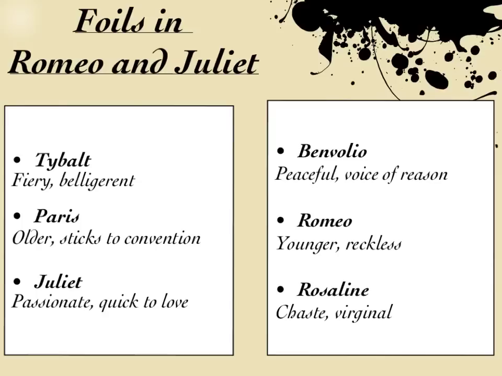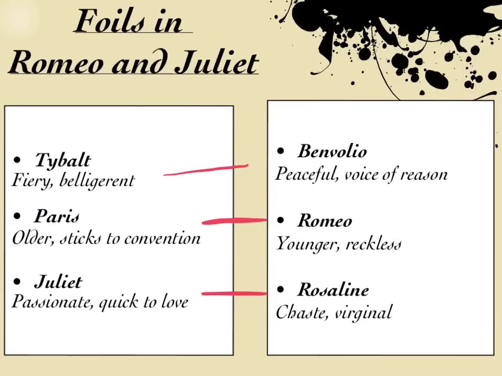So instead of giving you a couple excerpts, I wanted to just let you know who the foils are in Romeo and Juliet because we have already read and met a lot of these characters. So the characters I'm drawing lines between are the foil characters. For example, we meet Tybalt and Benvolio very early on in Act 1, Scene 1, and we note that Tybalt is very fiery and belligerent almost. He's raring to go.